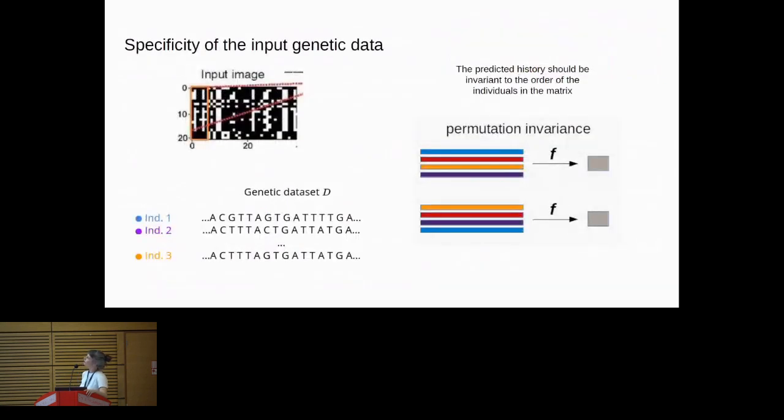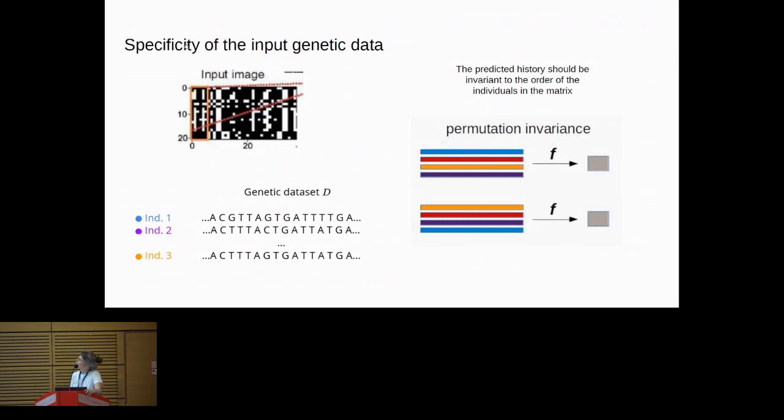And so the first thing that I want to highlight in why we designed the network that I will show is that I said people were calling that the SNP image, but that's a bit misleading because, contrary to a regular image where the vertical orientation has a meaning, for us individuals can be permuted and we should get the same answer, because they're just a collection, a pool of individuals.